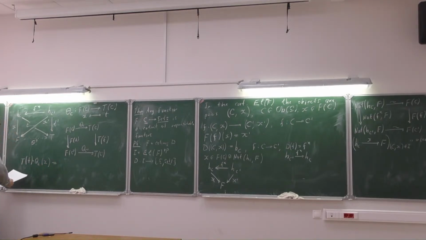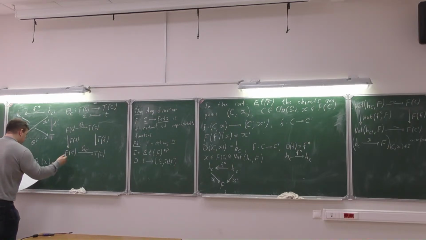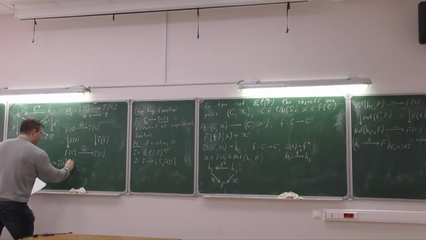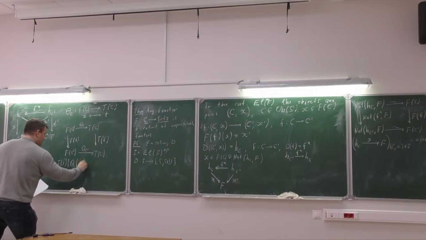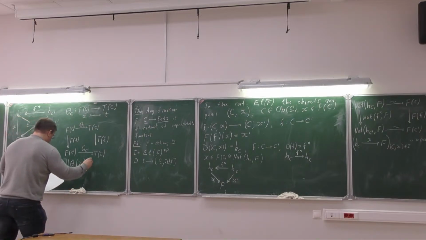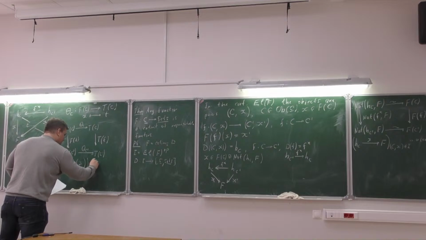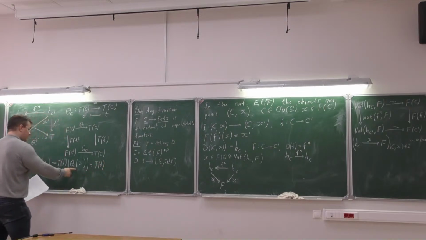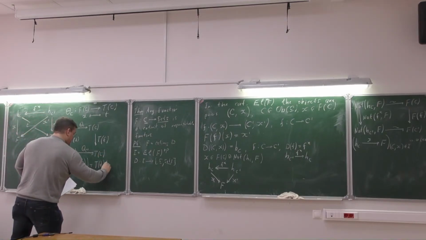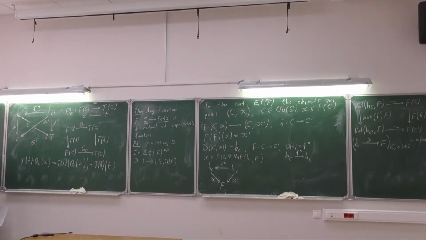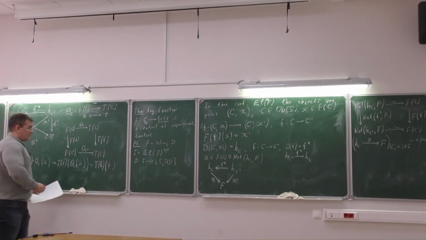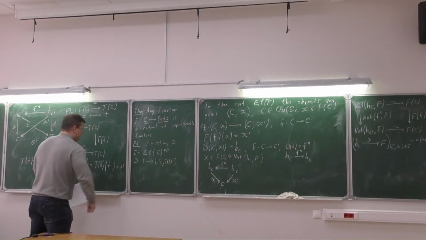We can write this as T of f applied to theta sub C of x. And by the definition of how we define this component of the natural transformation, this is T of f of t.